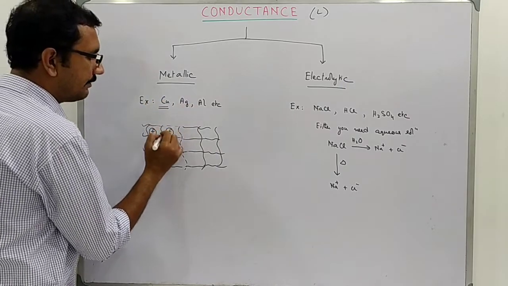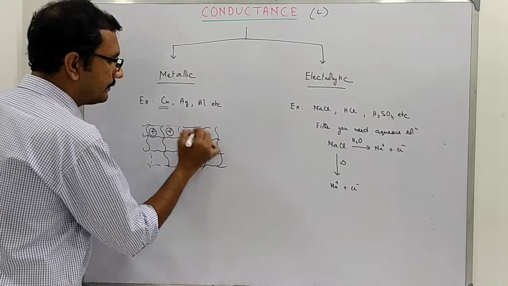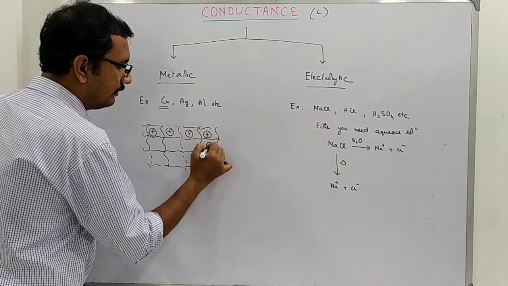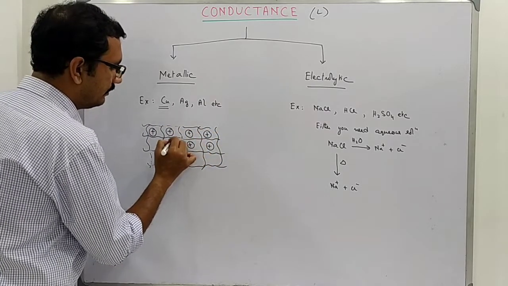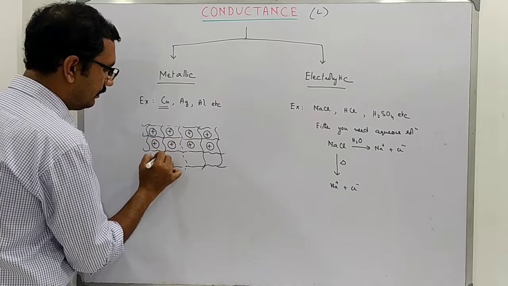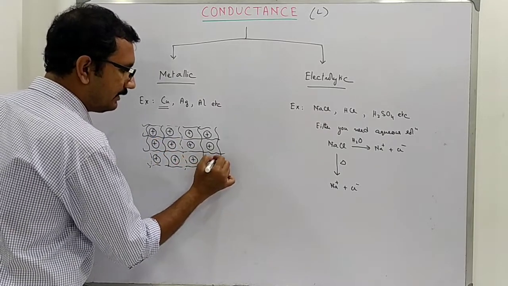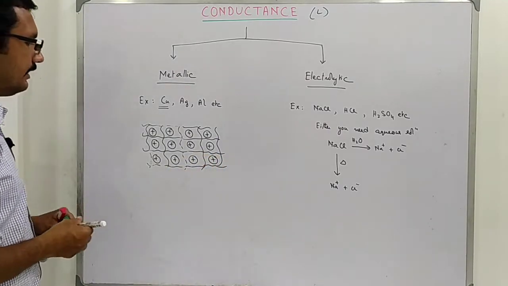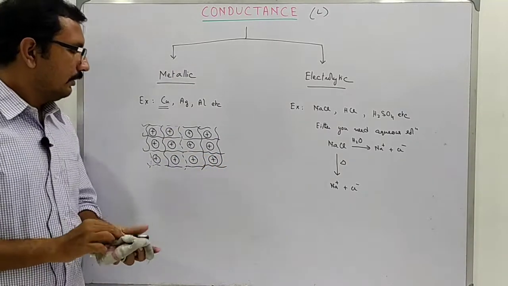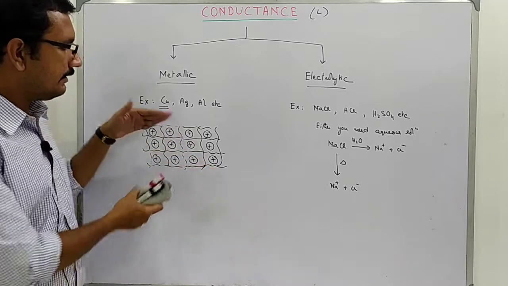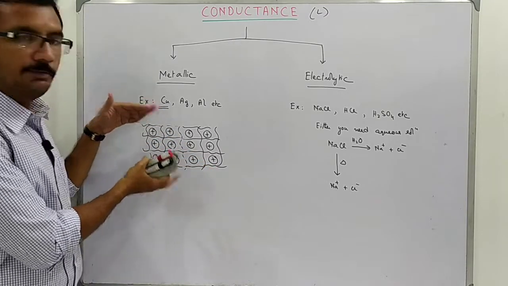That is referred to as the kernel, and that will be within these pockets. These are called kernels. So, this electron sea is going to hold these kernels, and these kernels are going to hold the electron sea. That is a metallic bond.